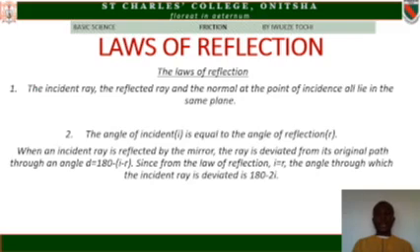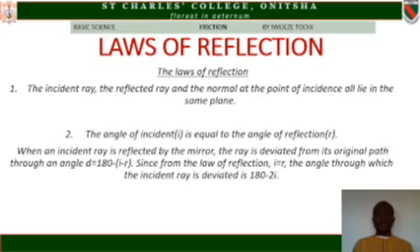Laws of reflection of light rays. Number one, the incident ray, the reflected ray, and the normal at the point of incidence all lie in the same plane.